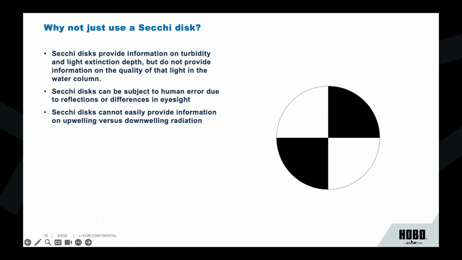It is true that a Secchi disk can provide information on water column turbidity and light extinction depth, but it doesn't tell you the quality of that light in the water column. And the human eye is not particularly good at being a calibrated light sensor, mainly because we have pupils. So we can say, wow, this light seems really bright.